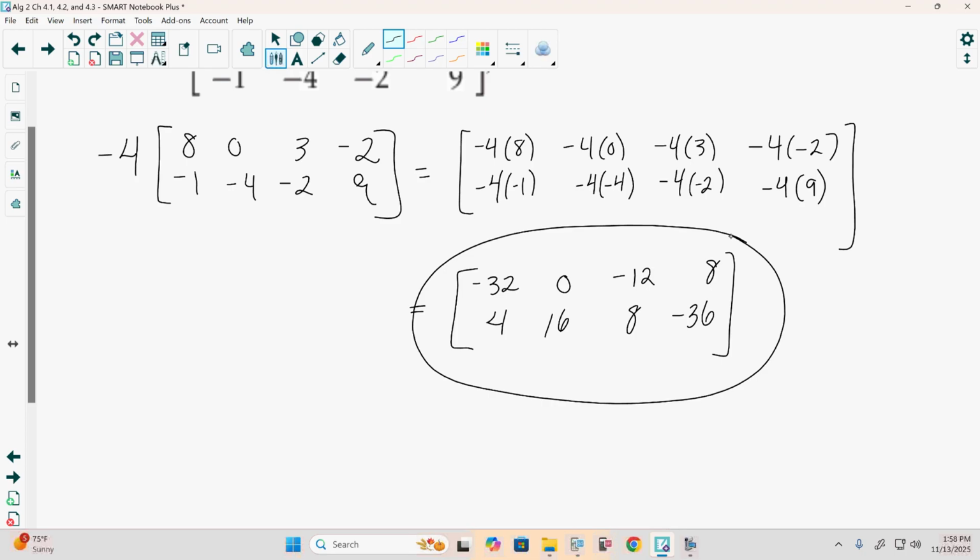Questions on this here? Now, it might happen that one of these shows up on the ACT. They ask you to do this here. But again, anytime you're solving problems on the ACT, keep an eye on the answer choices. Because we know for this here, the dimensions of this matrix E still have to be a 2 by 4, yes? So any matrix E that's not a 2 by 4 is wrong. We can remove it, yes? And as I start looking at the elements, if the first one, that top left, is not negative 32, it's a wrong answer.